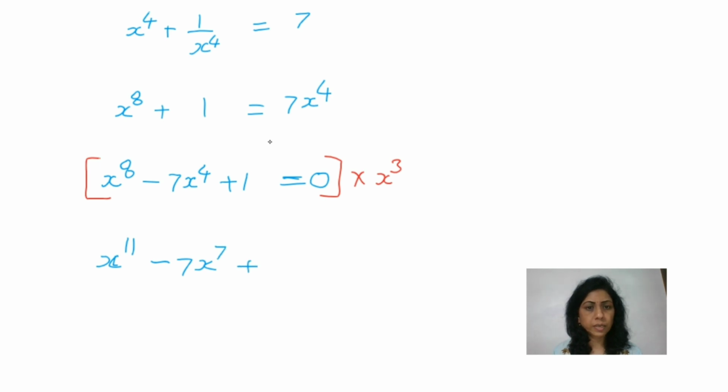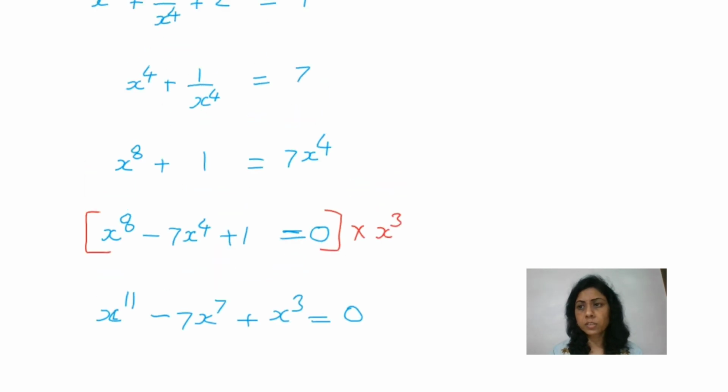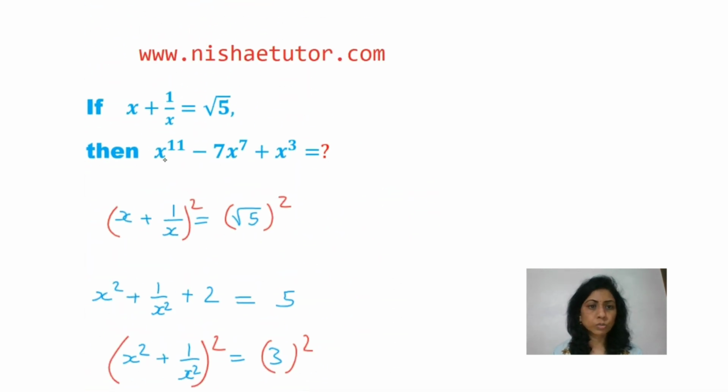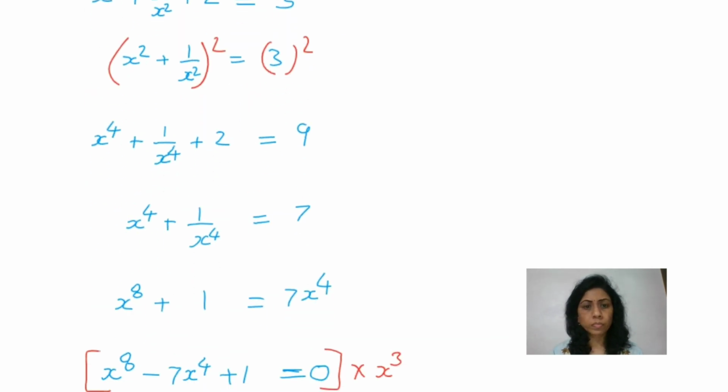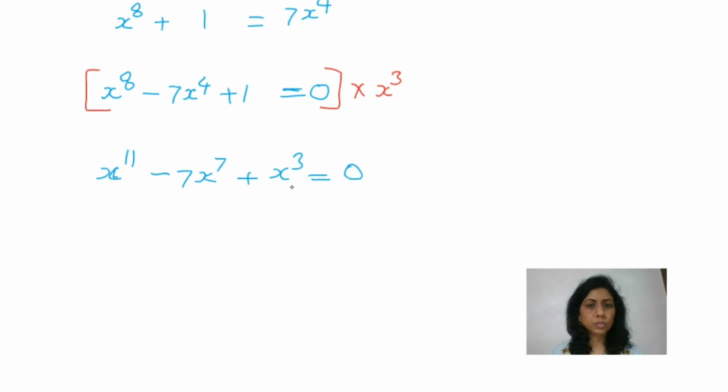When we multiply with this, we get x to the power 3. And when we multiply with 0, we get 0. And this is just like the expression x to the power 11 minus 7x to the power 7 plus x cube, right? So we got this one and the answer is 0.